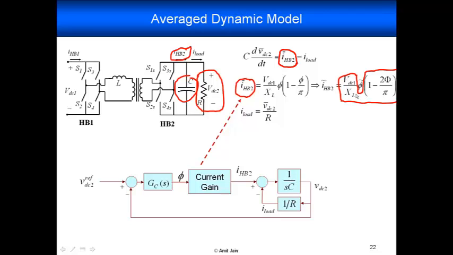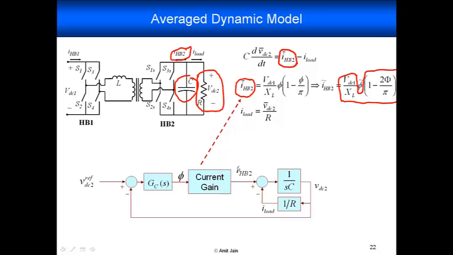The thing to note here is that this is a static gain, so we don't have any dynamics in the converter if we assume that the converter is responding in one switching cycle. This is a first order model, and more complicated models are available in published literature. I've included one reference which talks about a more accurate dynamic model for the converter.